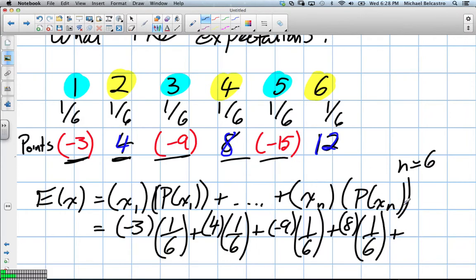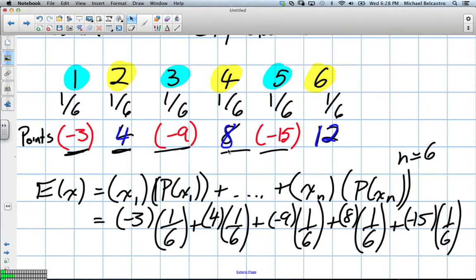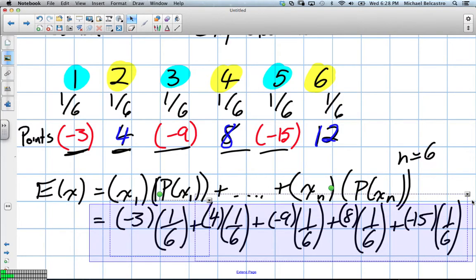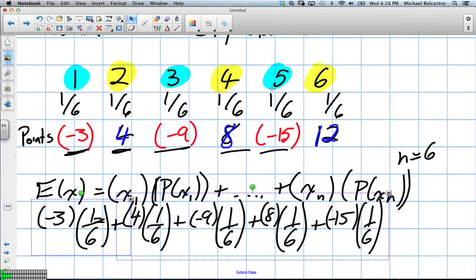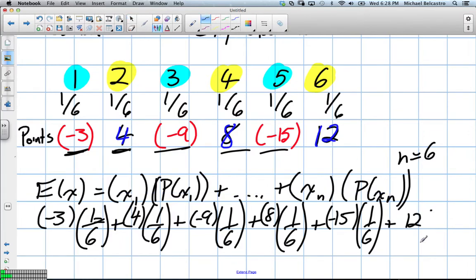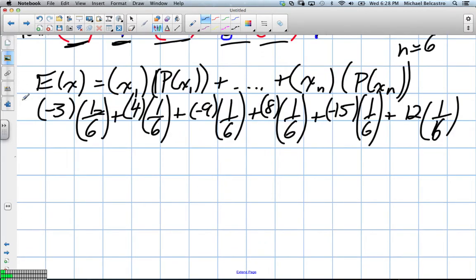And -15 multiplied by 1 over 6. And the last one? 12 multiplied by 1 over 6. Excellent.